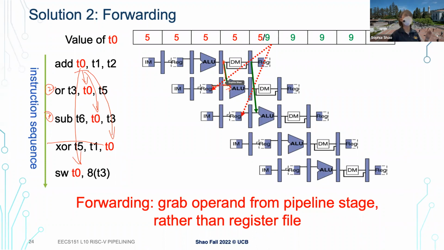This input is the previously calculated result from the ALU, which we pick as our input to the execution stage. And similarly, for this ALU, it's actually after the memory stage.